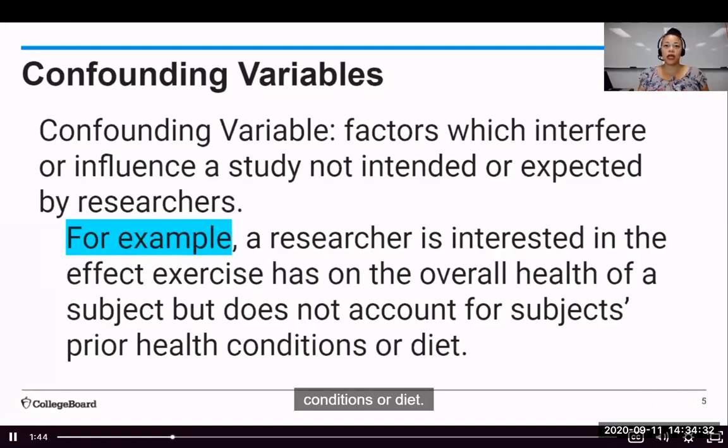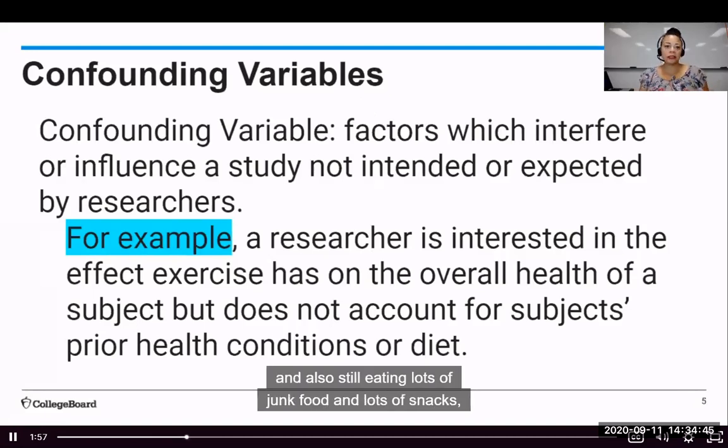So they're looking at whether, if you do this many exercises a day, you will have better health. However, if the person is exercising every day and also still eating lots of junk food, lots of snacks, and the researcher is not aware of this, it's going to affect the outcome of the study. That's a confounding variable.